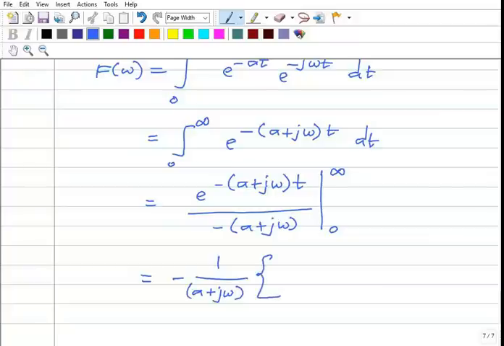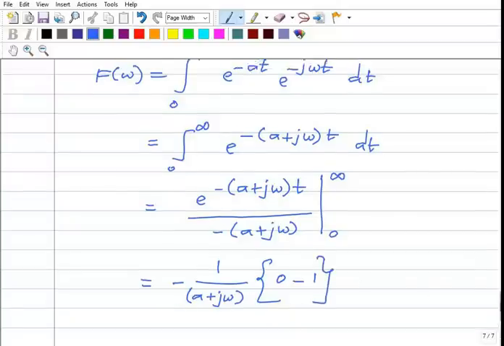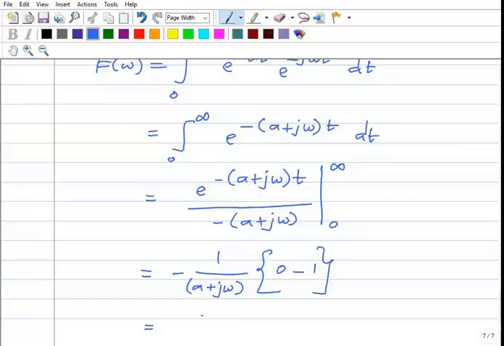When I substitute the upper limit, e power minus infinity, which is 0, minus when I substitute the lower limit, e power 0, which is 1. So this minus and this minus get cancelled. So I will get 1 over a plus j omega. This is the Fourier transform of e power minus at u of t.